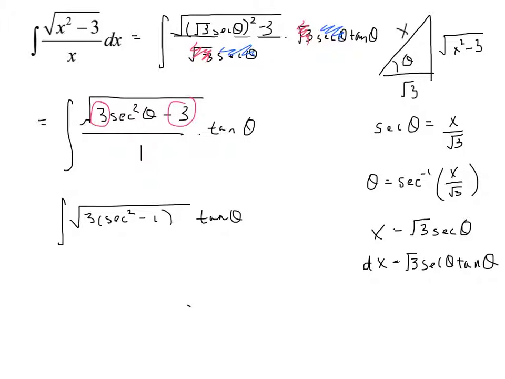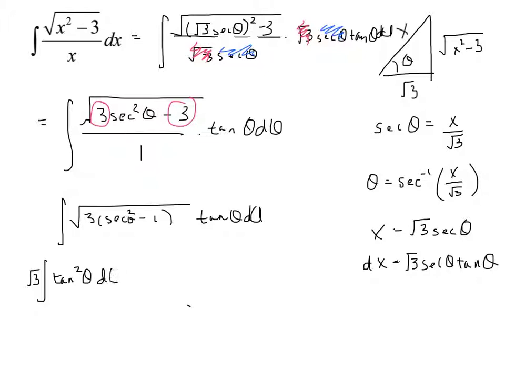So put the square root of 3 out front. Secant squared minus 1. Oh, I forgot my theta. Okay, secant squared theta minus 1 is tangent theta. So tangent theta multiplied by tangent theta, I've been forgetting my d thetas all the way along, is tangent squared theta d theta.